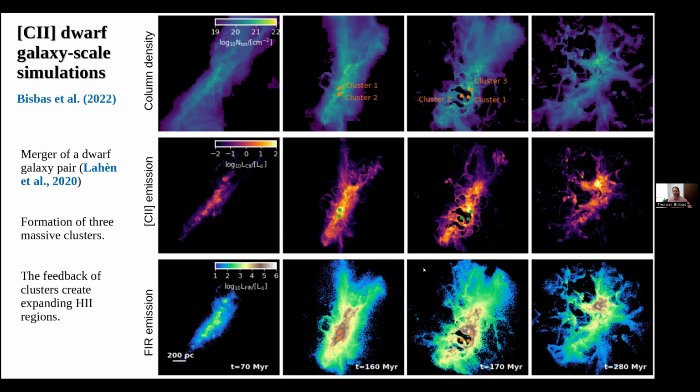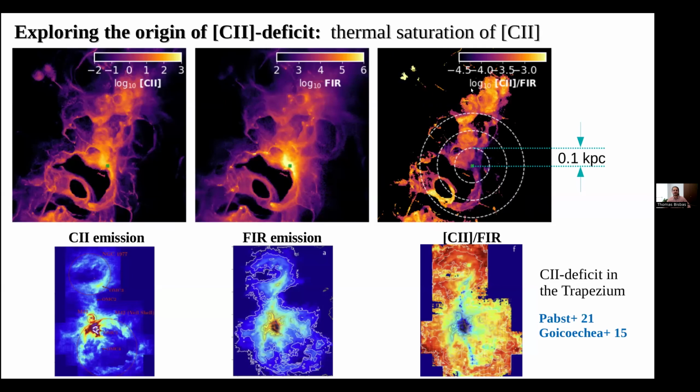If we focus on one particular time at 170 megayears, where we observe 3 different clusters that have been formed, and we focus on cluster 3, which is the most massive one, and sitting also on a quite dense region, then you will see this. The C+ emission here is on the left panel.